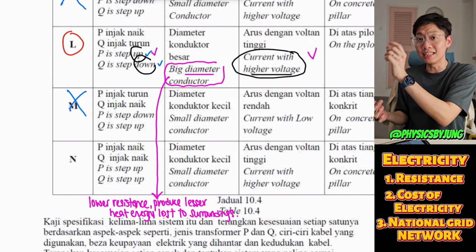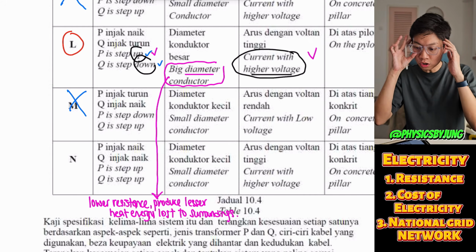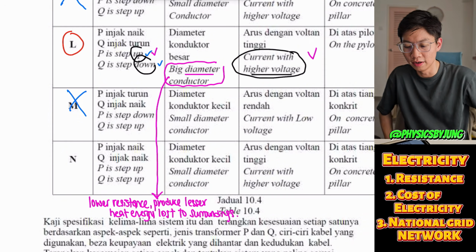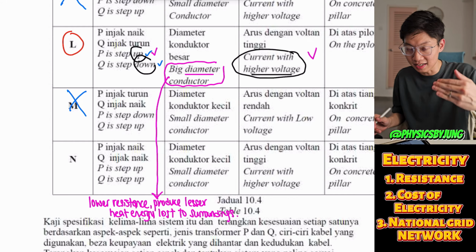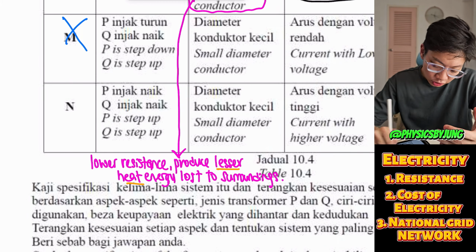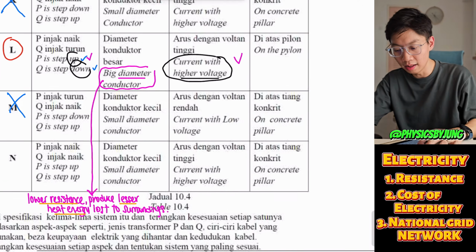"More efficient" is a conclusion, it's not the point. Sometimes you see an answer that just says "more efficient". It's not a good answer. You have to tell me the facts. So: produces lesser heat energy. Why? Because it has lower resistance. Then you can say more efficient.